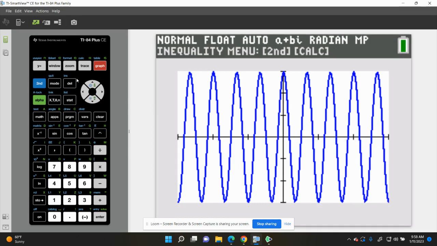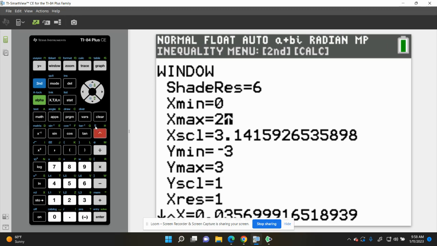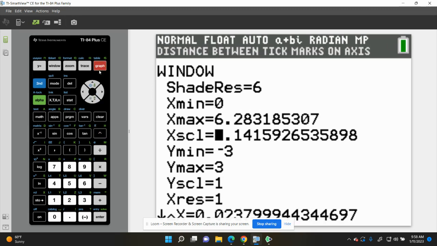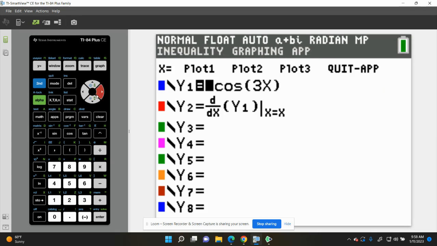Pi, 2 pi. Okay, so this is what it is normally. 0 to 2 pi, this is what you're used to looking at. That's 0 to 2 pi, that's your cosine 3x, right? If it was just cosine x, I'll make it even more familiar looking.